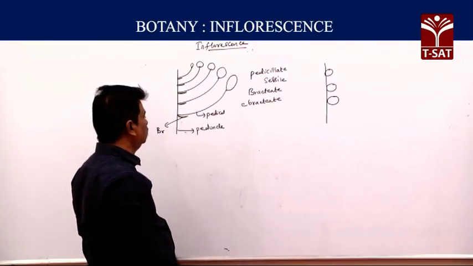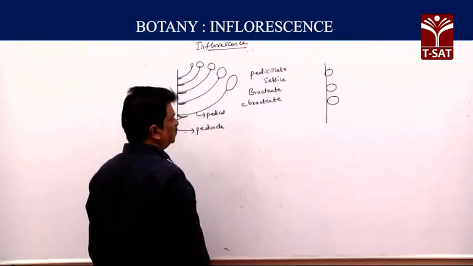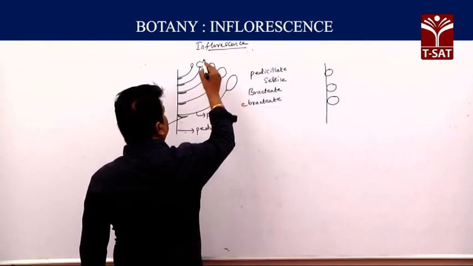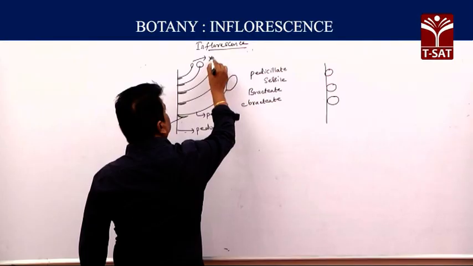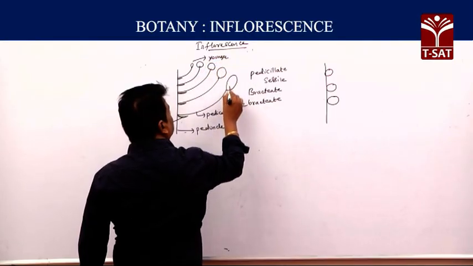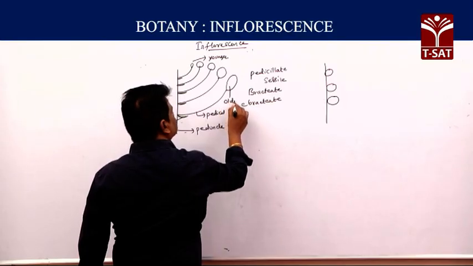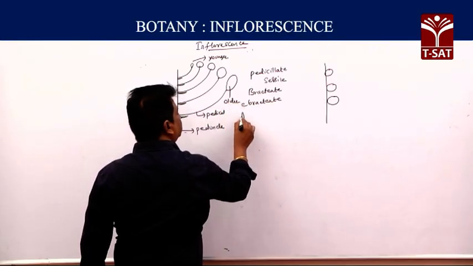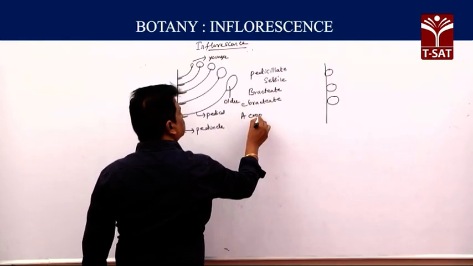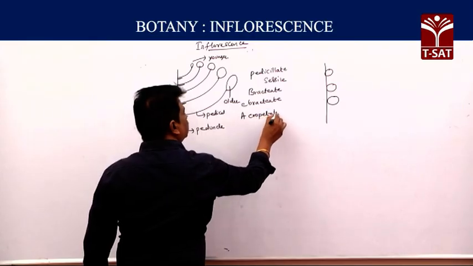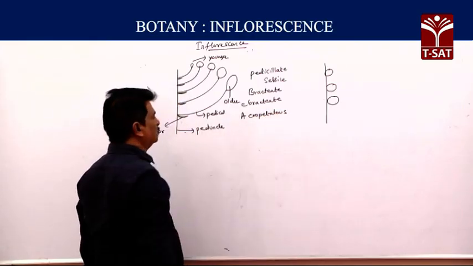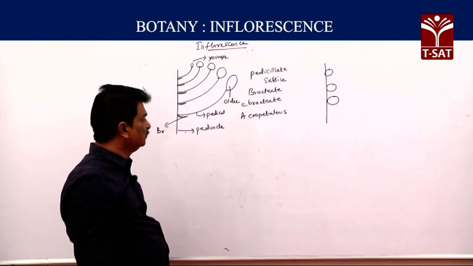Then, the arrangement of flowers. If younger flowers are present at the apex and older flowers are present at the base, such an arrangement is called acropetalous.